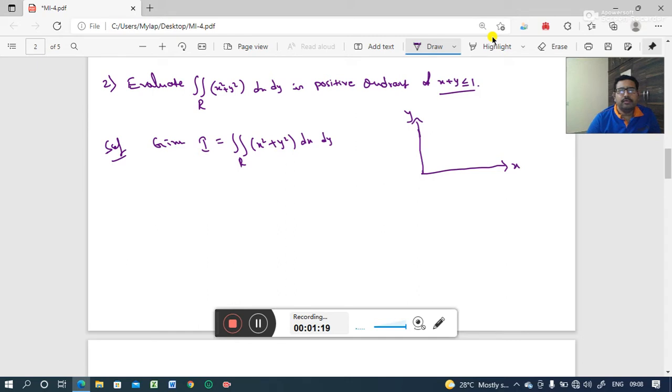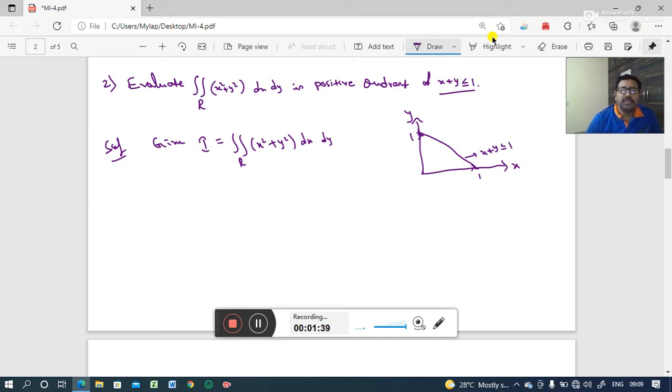X plus y equals 1 means on x axis you mark the point 1 and on y axis the point 1. If you join these two, the name of this line is x plus y equals 1.